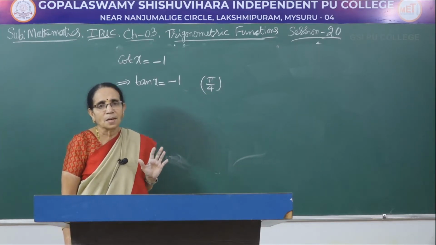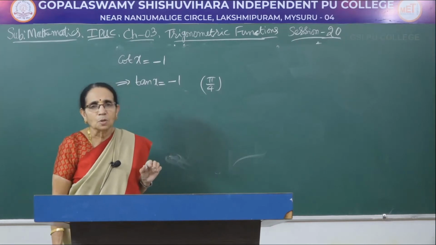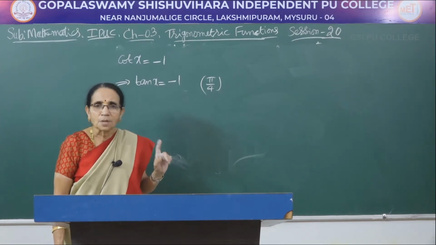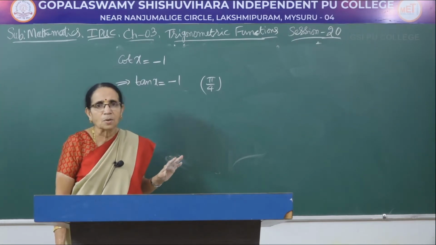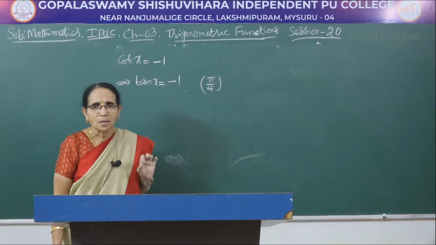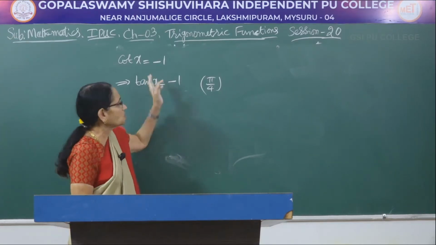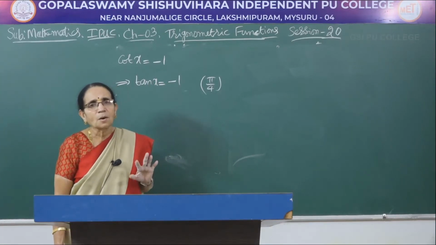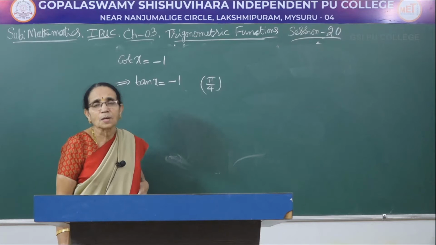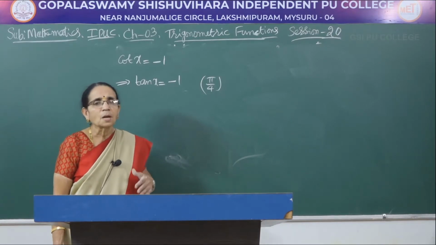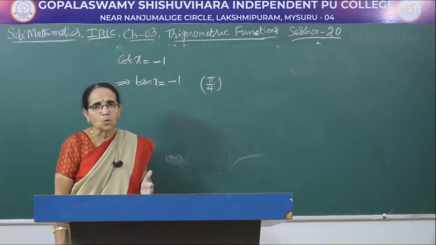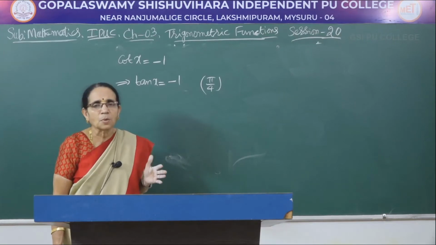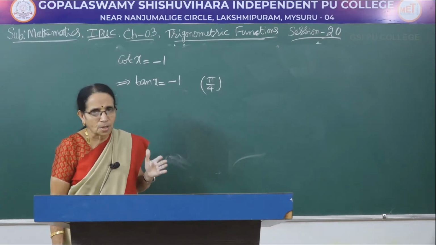So, let us analyze in which quadrant tan would be negative. In the second quadrant, tan is negative, and in the fourth quadrant, tan is negative. So, the value of x will lie either in the second quadrant or in the fourth quadrant. But since we are asked to find the principal solutions which lie between 0 and 2 pi, both the values have to be taken into consideration.